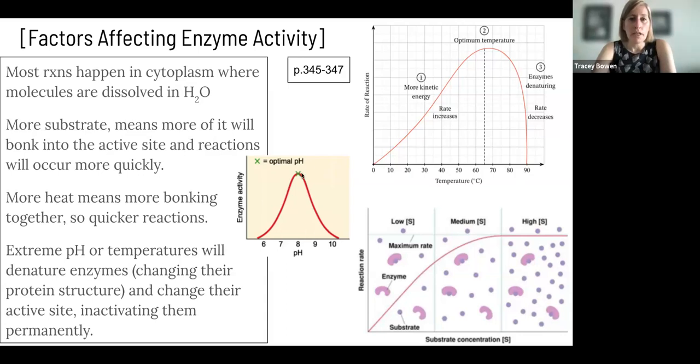Lastly, pH, similar to temperature, is going to have an optimal reaction space. And so, for example, in this case, the pH of enzymatic activity is reacting optimally at pH 8. And so this isn't so much about collisions.